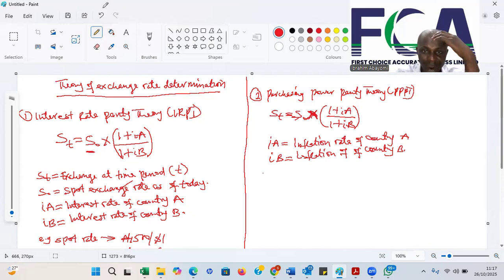Okay, so let's assume we have a spot rate of 1,500 naira to $1.